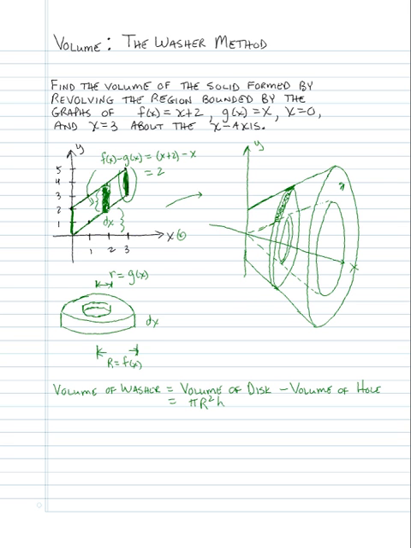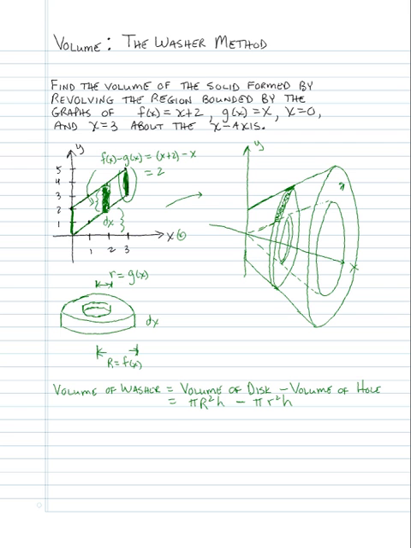We just think of the washer without a hole in it, and we would have a short right circular cylinder: pi r squared times height, or area of base times height. And of course, the hole we can think of as taking out a washer whose radius is lowercase r, so the volume of the hole is pi r squared times the same height.